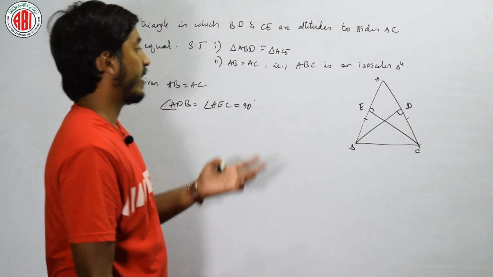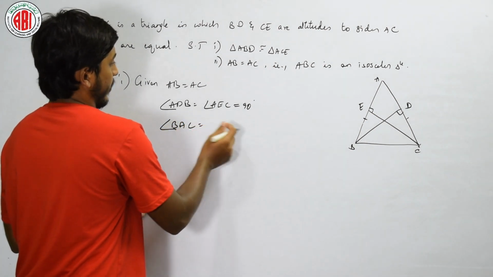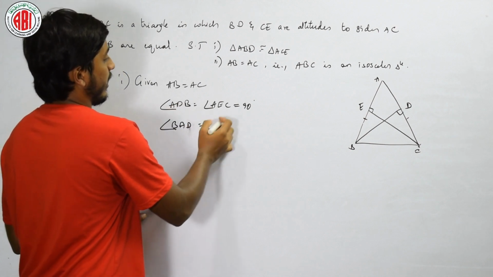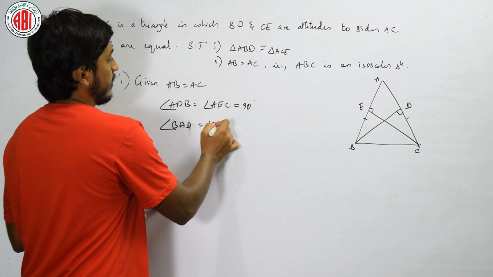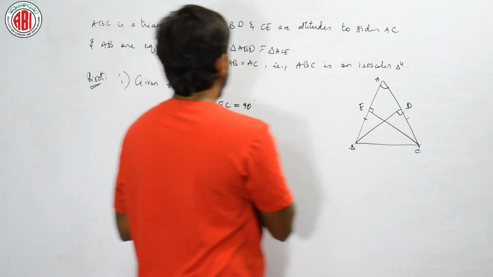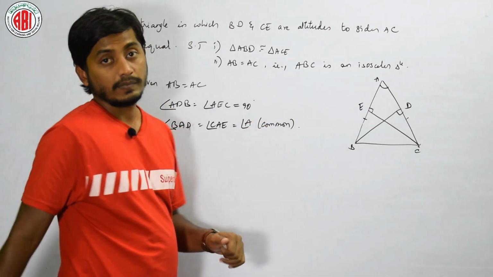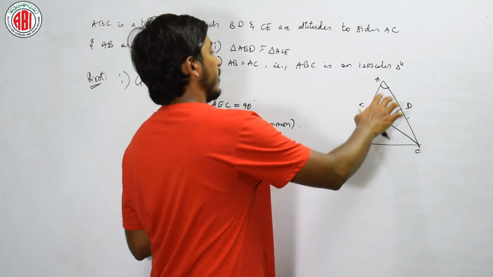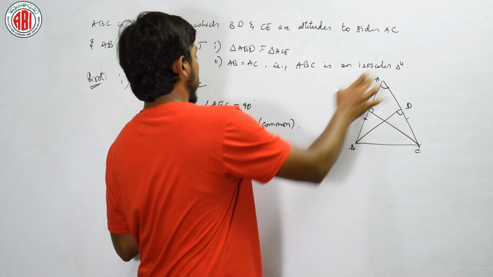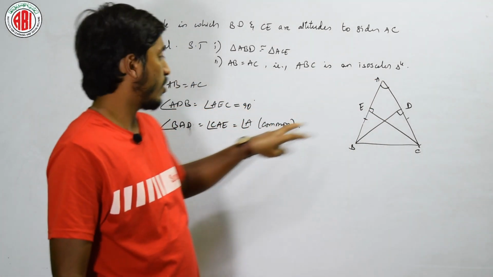After that, angle BAD is equal to angle CAE, which is common, nothing but angle A. That is a normal angle A, which is common for both the triangles.